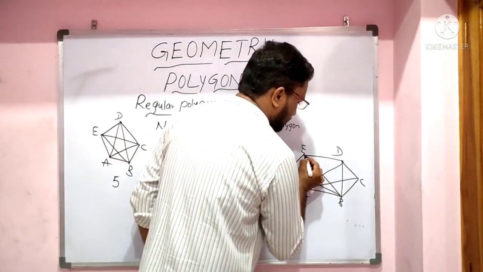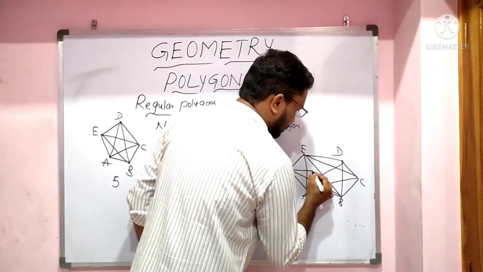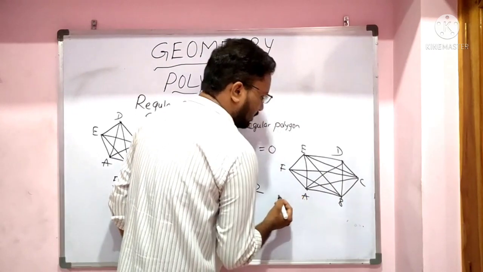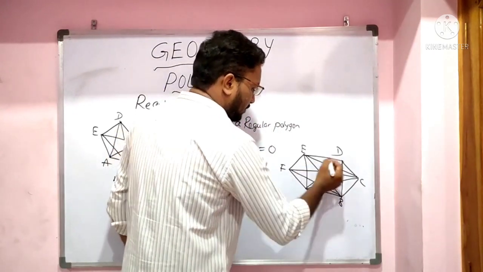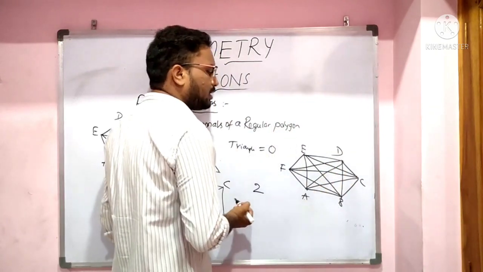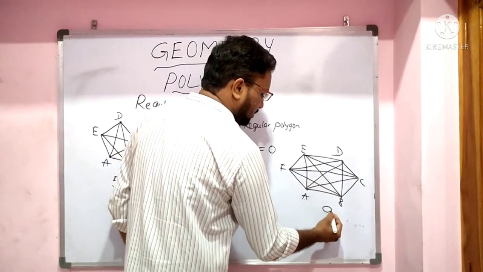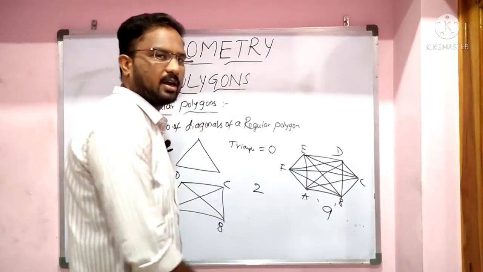From this point this one 7 and this one 8. And from this point this one, total 9 diagonals we have for a regular hexagon.